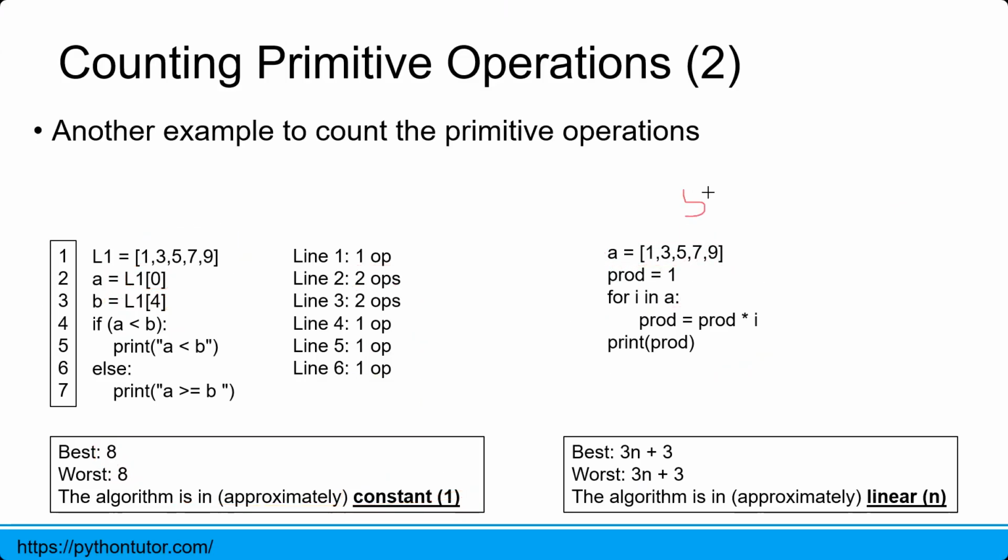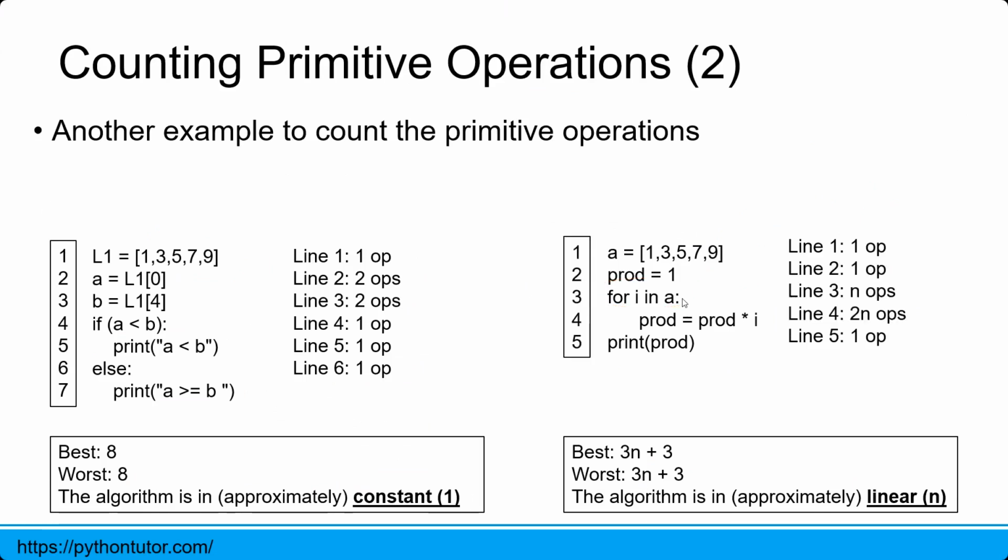If there are 5, then we will go until 5 operations. If there are 10 data, then we will go until 10 operations. If there are 20 data, then it will go until 20 operations. So we say this is n operations. There will be n operations depending on the data.